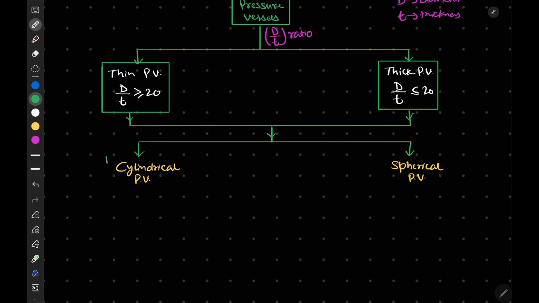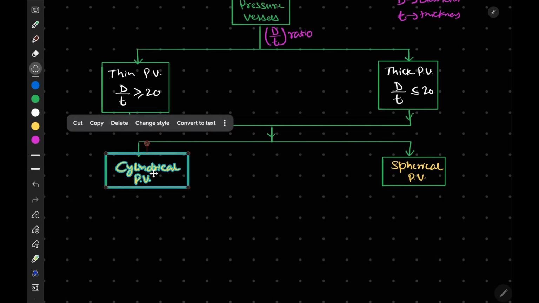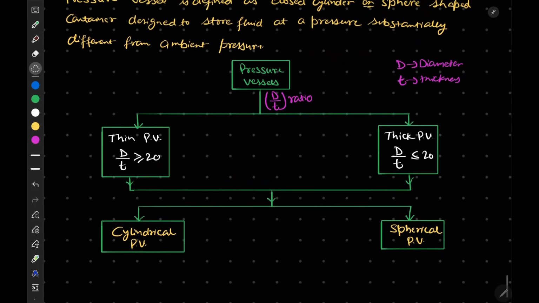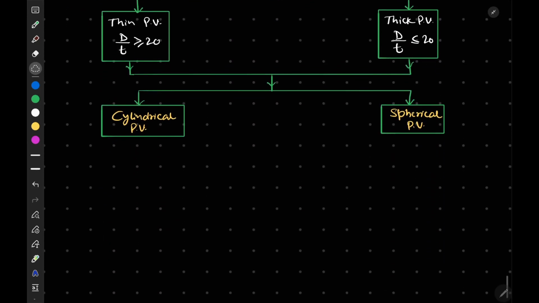Okay, so these are our classifications for pressure vessels. Okay, so this is our pressure vessel classification.